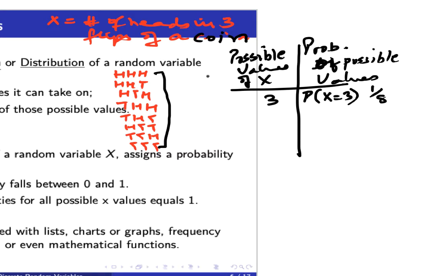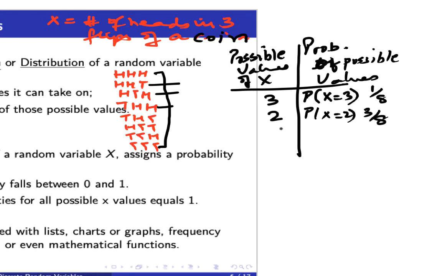Suppose when you flip a coin 3 times, you only get heads twice. How many possible scenarios? 1, 2, 3. So the probability that your X, the number of heads, is 2, is 3/8.